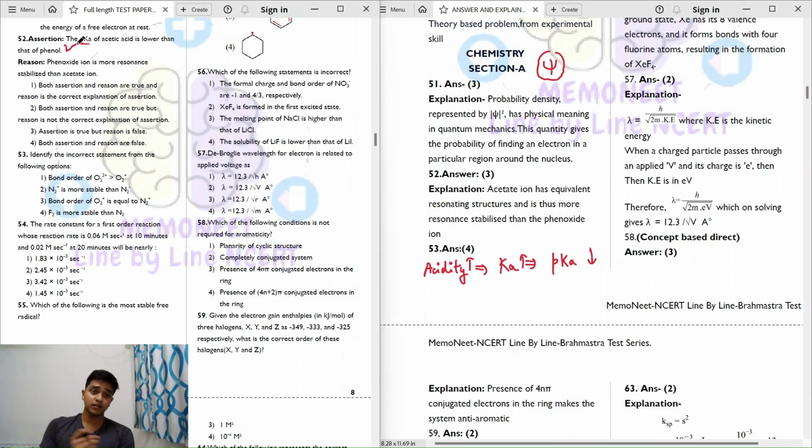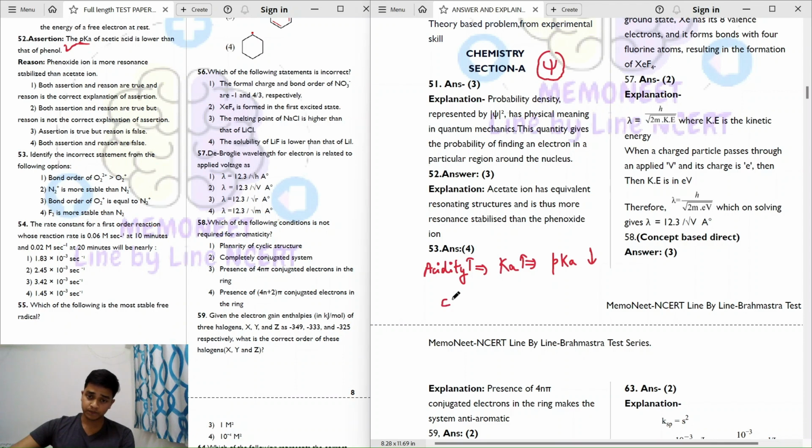And why is that? The reason says phenoxide ion is more resonance stabilized than acetate ion. So this is an incorrect statement because of what happens when we have the acetate ion, which is formed after the loss of a proton. So this is the acetate ion.